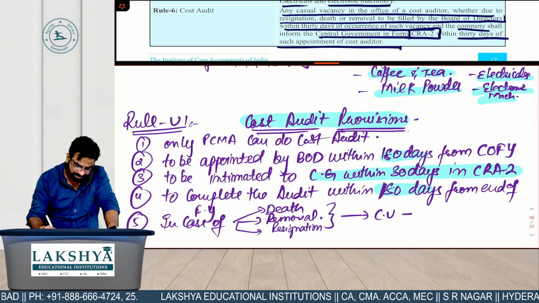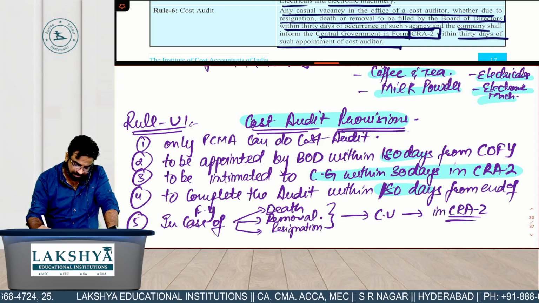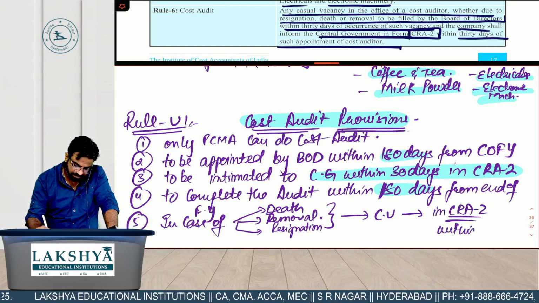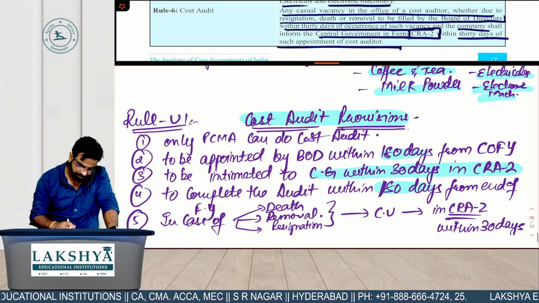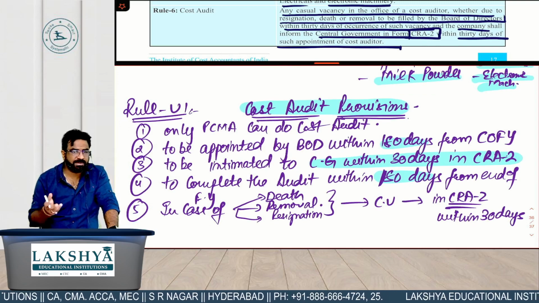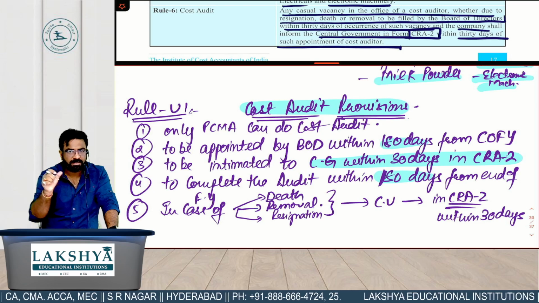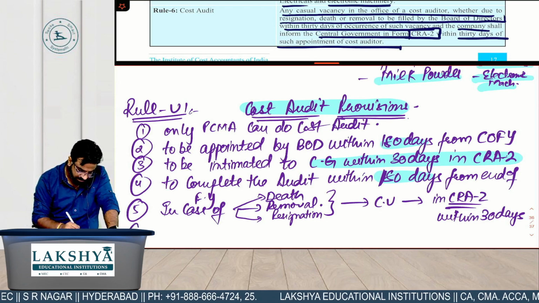Casual vacancy. Again in form number CRA 2 within 30 days. Sixth one, I'm making you write in short. Why? Because we have already done that in complete format in our previous chapter. Okay?